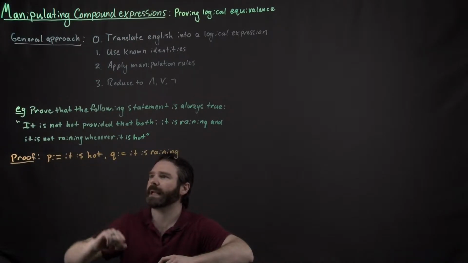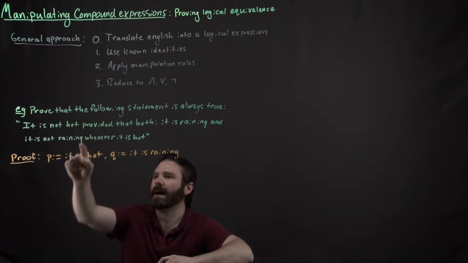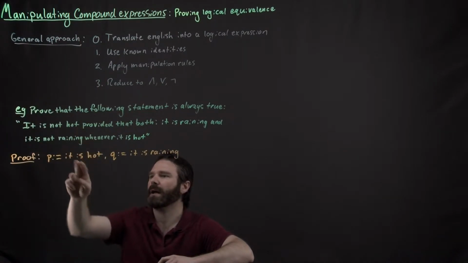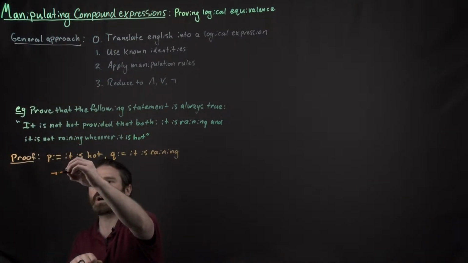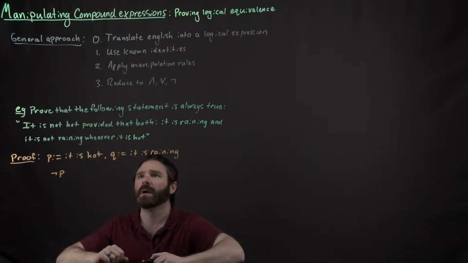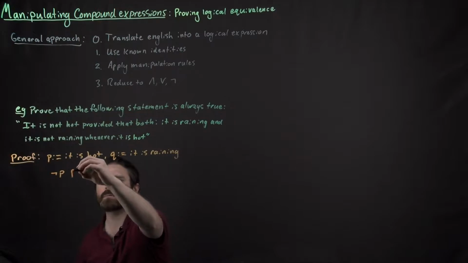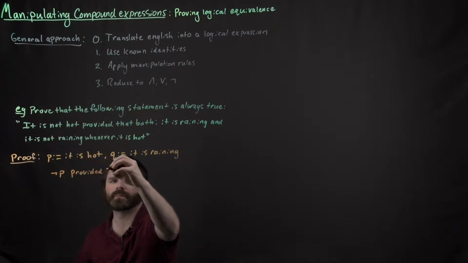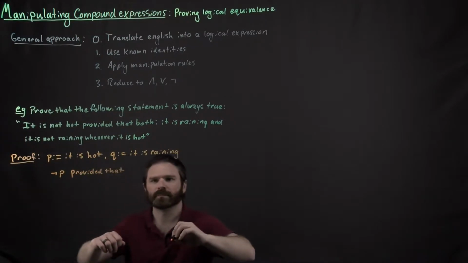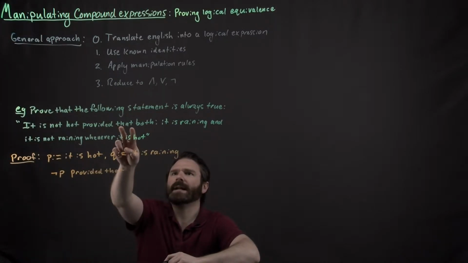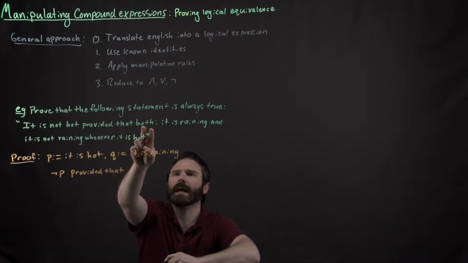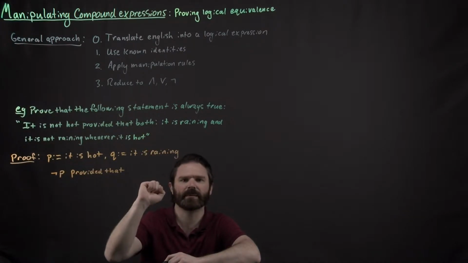So let's start at the very beginning. It is not hot. Okay, it is not hot. So that's going to be a not P. Provided that, well, I'm just going to leave that for now. Provided that both, so this both is a synonym for and.